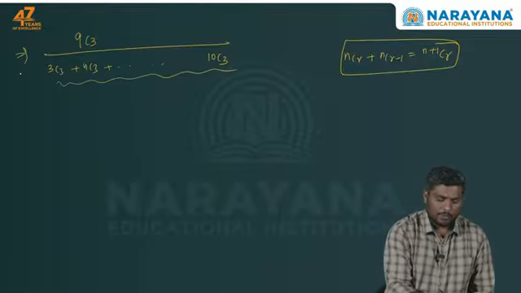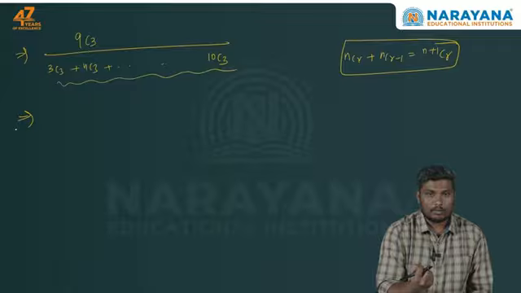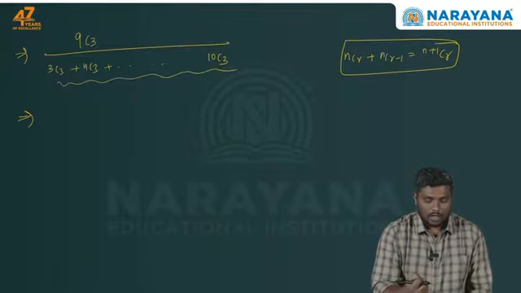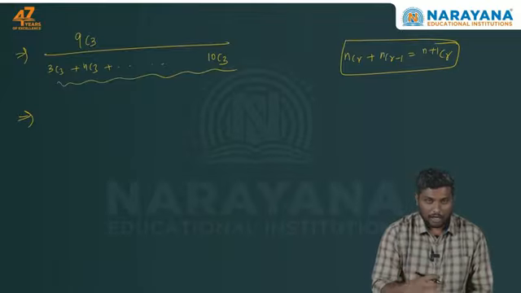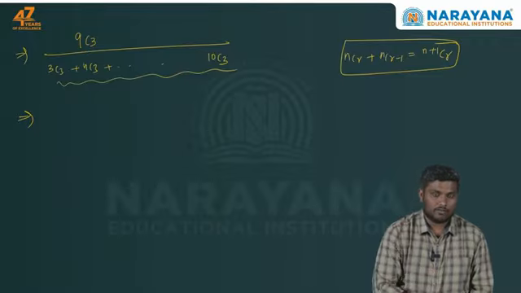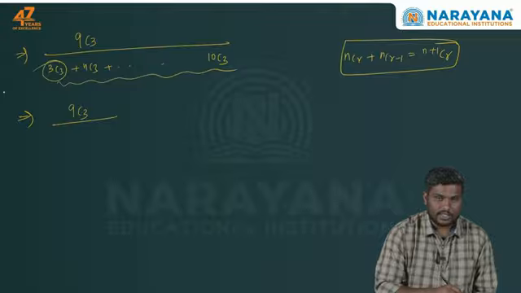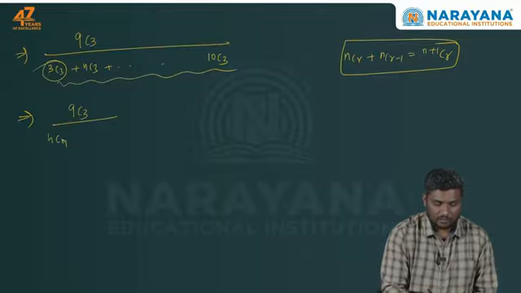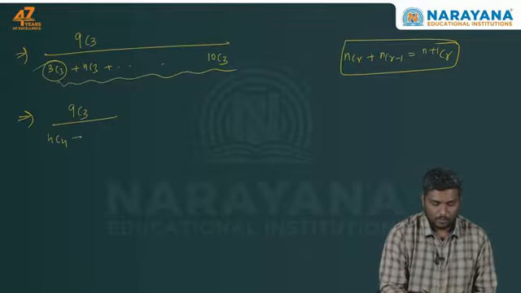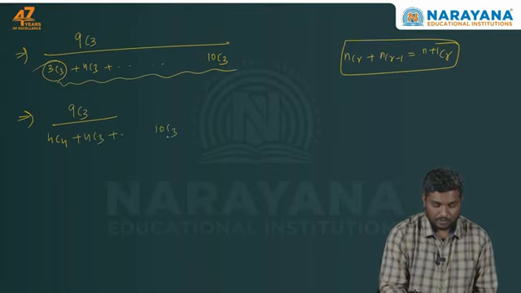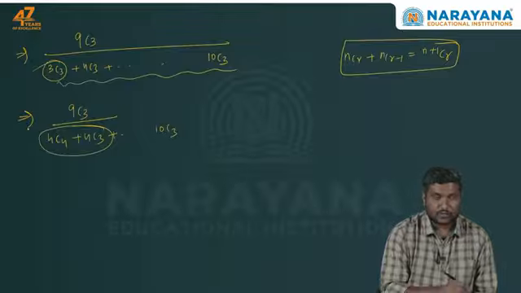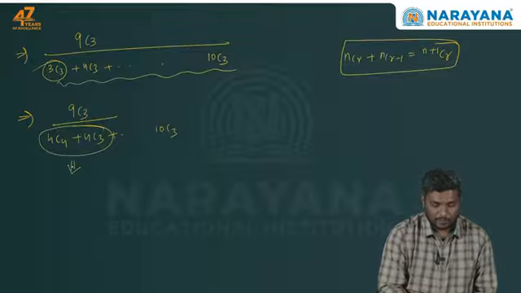People who learnt it with strong memory, if you are able to recall it, you are going to take advantage of this. So 9C3 by, instead of writing 3C3, I will write 4C4 because both are anyway 1. 4C4, 4C3, so on till 10C3. 4C4 plus 4C3 is 5C4.